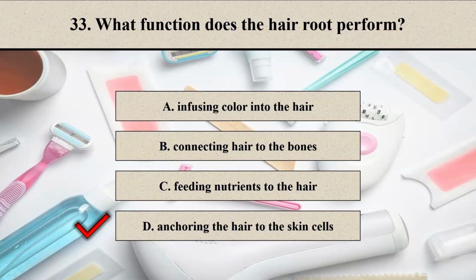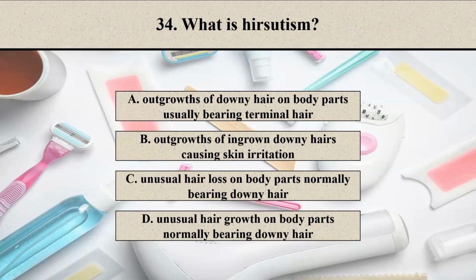If you chose D, anchoring the hair to the skin cells, you are correct. What is hirsutism? Is it outgrowths of downy hair on body parts usually bearing terminal hair?